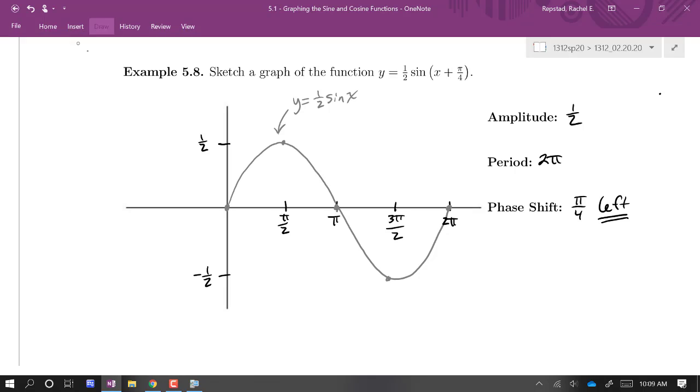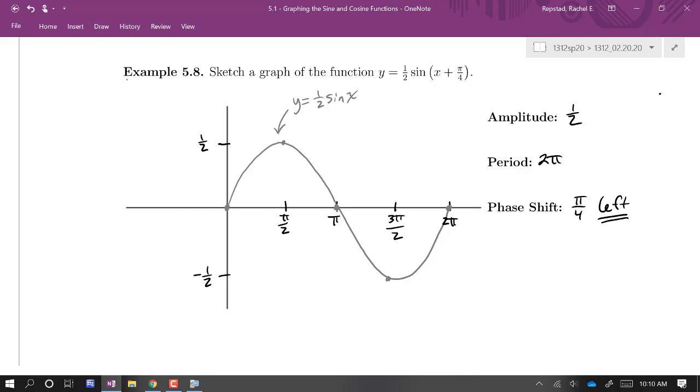Now what I need to do is move this to the left by pi over 4 units. I think of these points that we put as my anchor points, right, that I fit the curve around. I want to move each of these points to the left, pi over 4, to get new anchor points, which is easy enough to do.